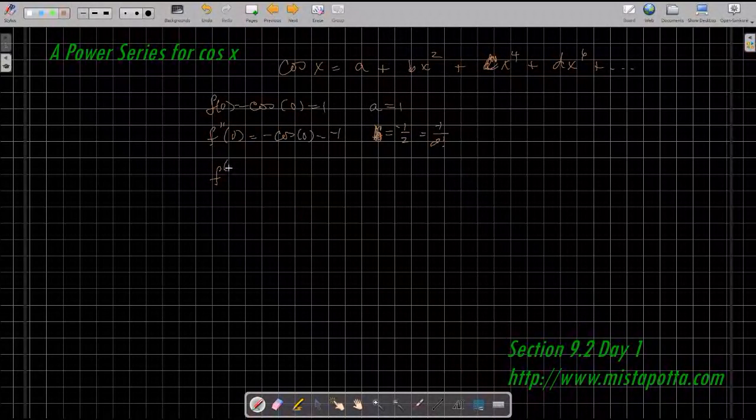The fourth derivative at 0 ends up being back to cosine of 0, which is a positive 1. And so c ends up being 1 over 4 factorial, because I'm going to take this derivative 4 times. I get 4 times 3 times 2 times 1.